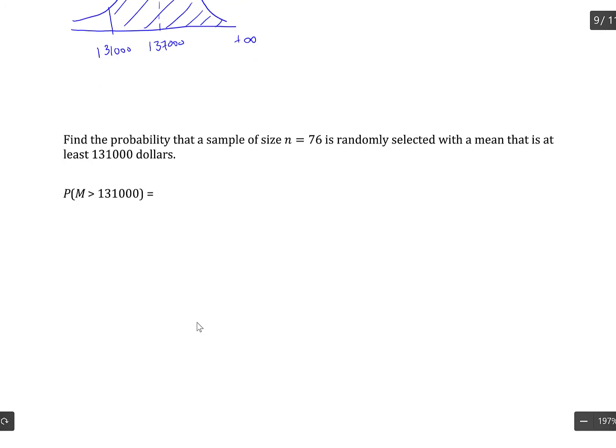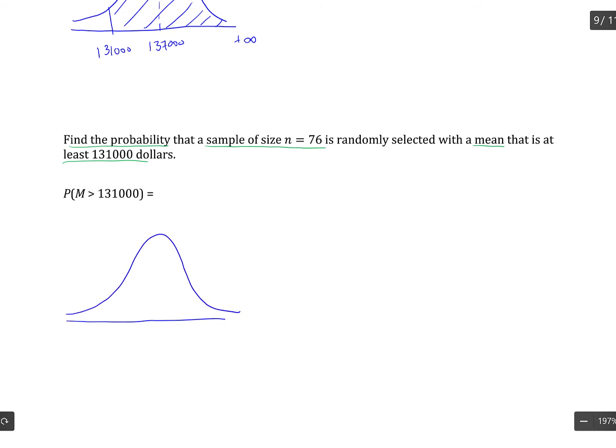Okay. Next, it says to find the probability that a sample of size 76 is randomly selected, and you want to know the probability that the mean of that sample is at least $131,000. So we're now comparing what happens when we invoke the central limit theorem.